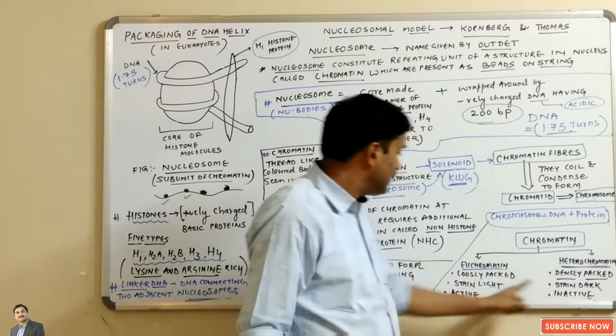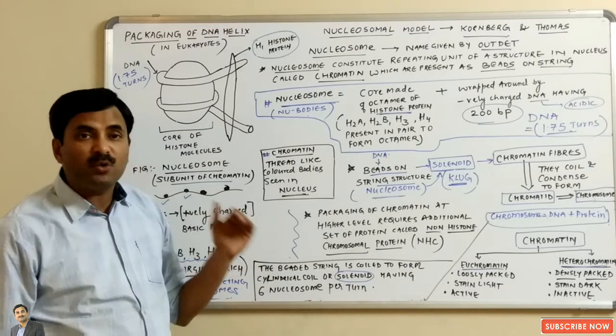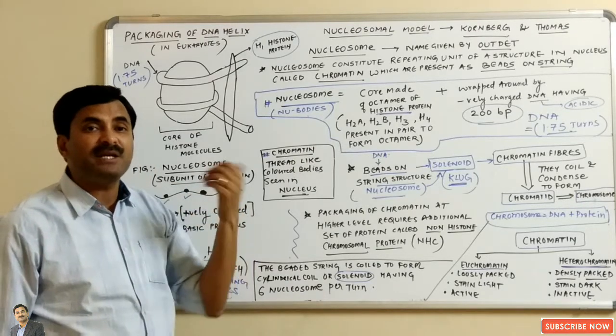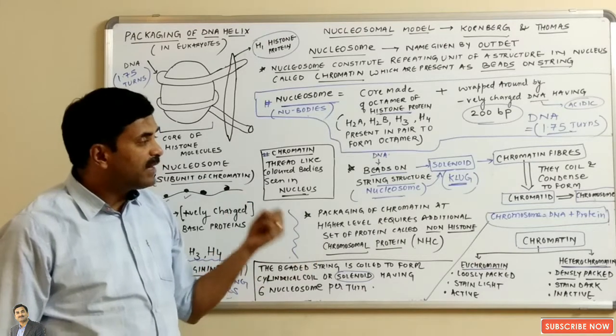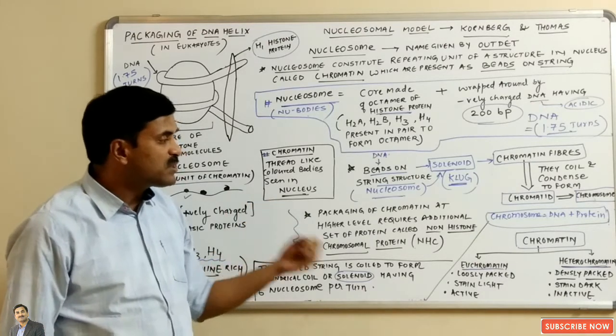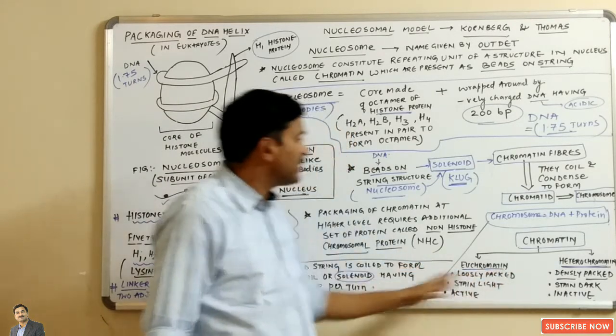The third point is that euchromatin is transcriptionally active, while heterochromatin is transcriptionally inactive. So these three points of difference you must know.